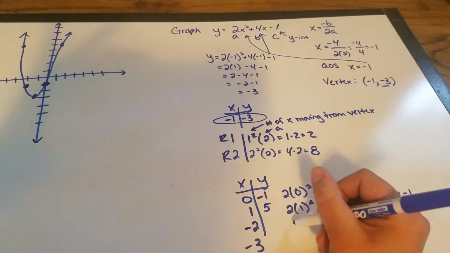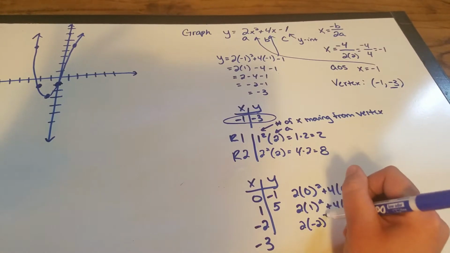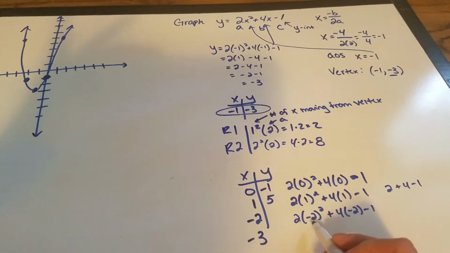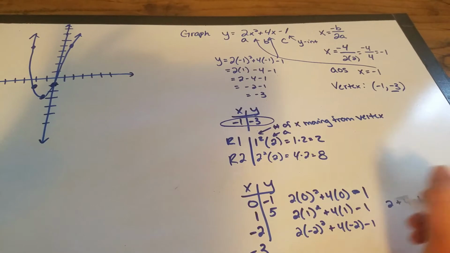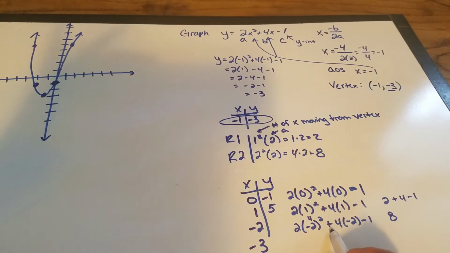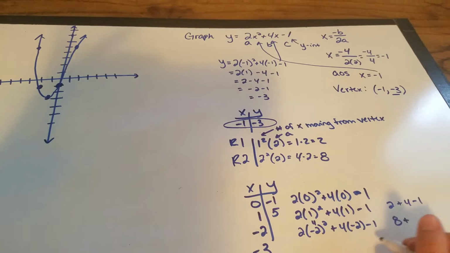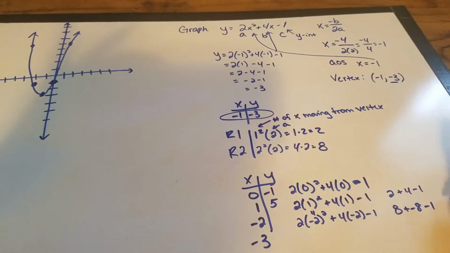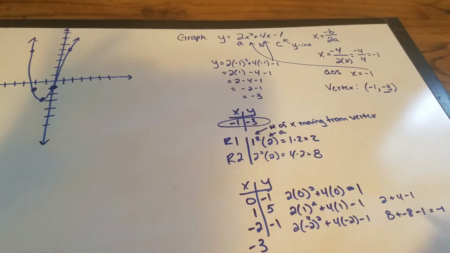Plugging in -2, we would do 2 times -2 squared plus 4 times -2 minus 1. -2 squared is 4. 4 times 2 is 8. Plus 4 times -2 is -8 minus 1. The 8's are going to cancel each other out, leaving us with just -1.